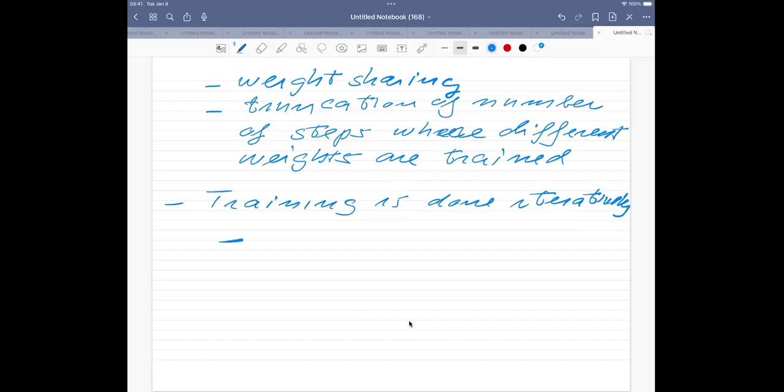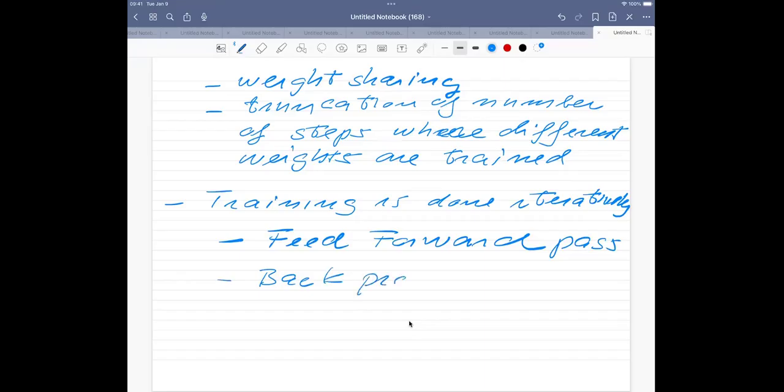You would first have a feed-forward pass, as you have seen before when you do a standard neural network. And then there's what's called backpropagation in time. And these are the equations which we're going to derive pretty soon now.